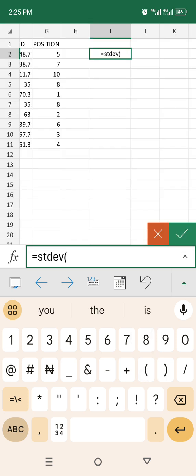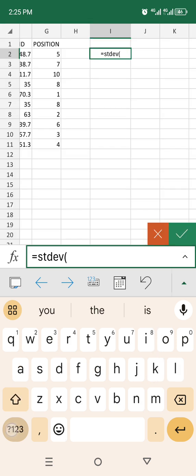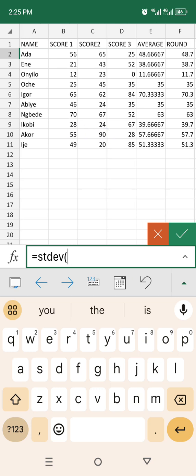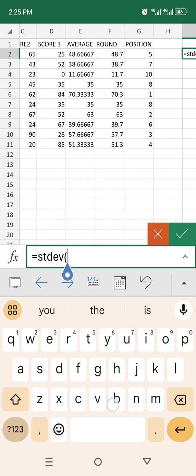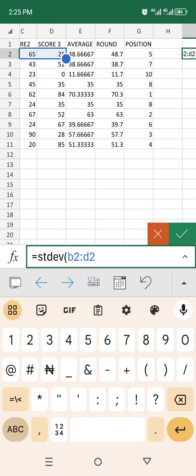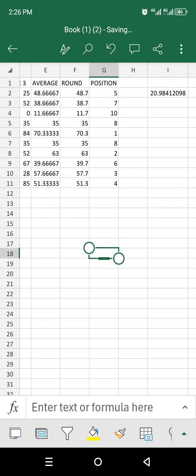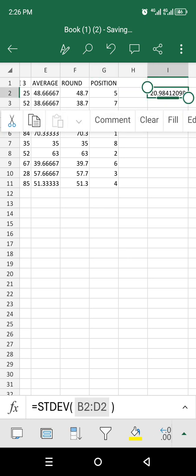Open bracket, from the first one we are working on, what are we having as the value? B2 to D2. So we say B2 to D2 and close your bracket. You are done. Now this is the standard deviation of the first person, and we can drag it or fill it.